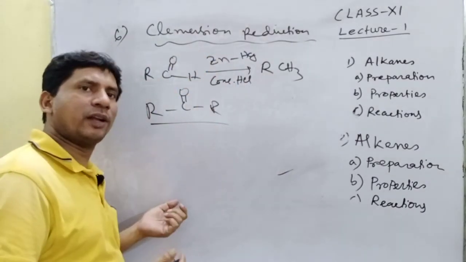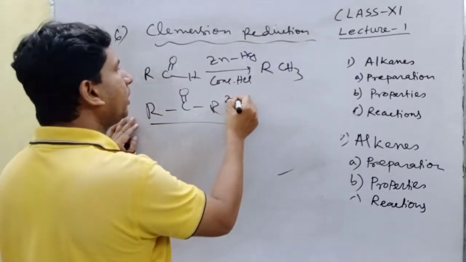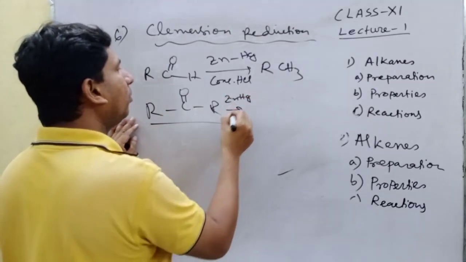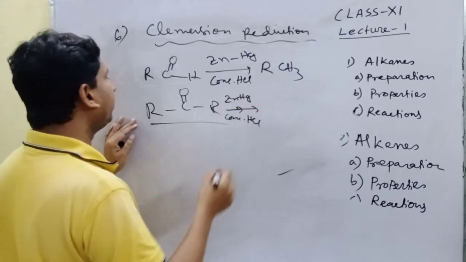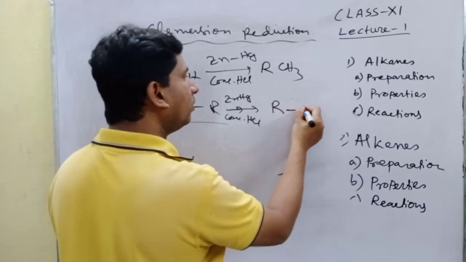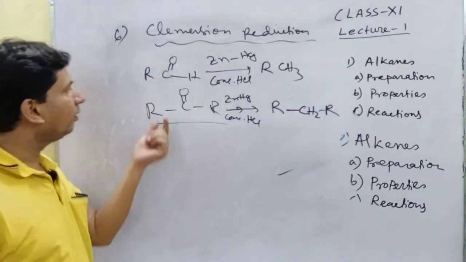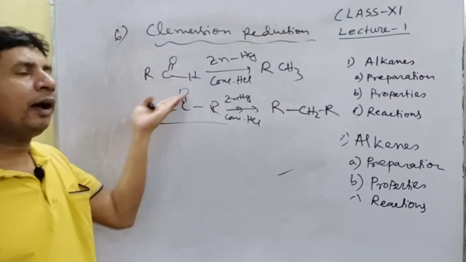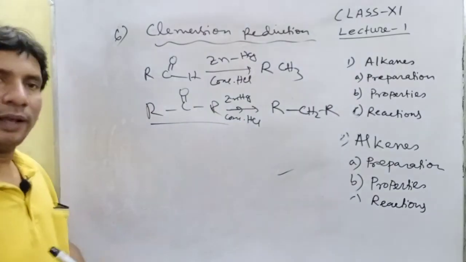That is reduction actually. From here, with zinc amalgam and concentrated HCl, we will get RCH2R. Clear? Oxygen will be removed and hydrogen added. So this is known as Clemmensen reduction.